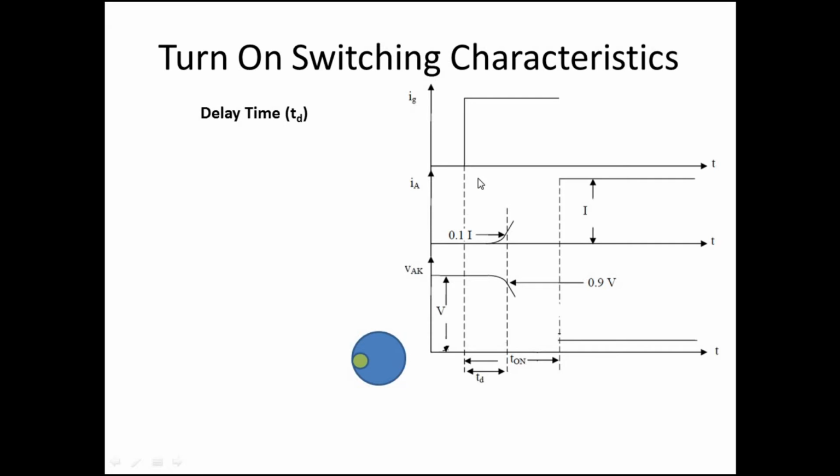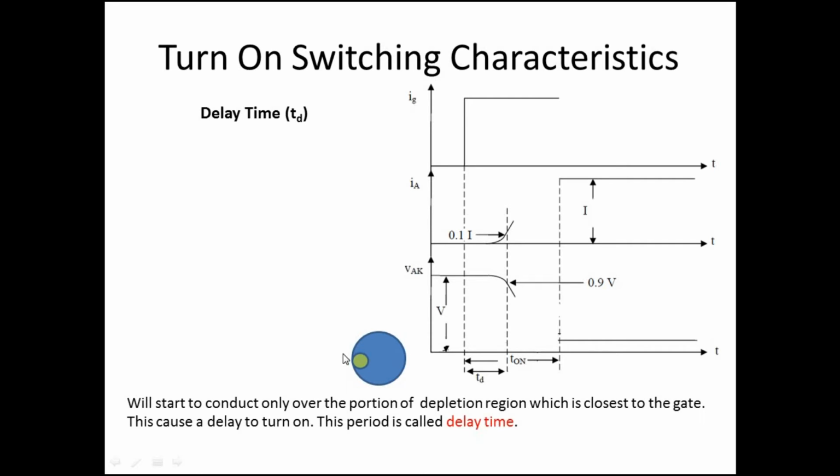At the initial time only a small portion of the region, the part closest to the gate terminal, will be conducting. The depletion region of this much is the full cross section of the thyristor, but only this region is available for conduction. The electrons are available at this region only.